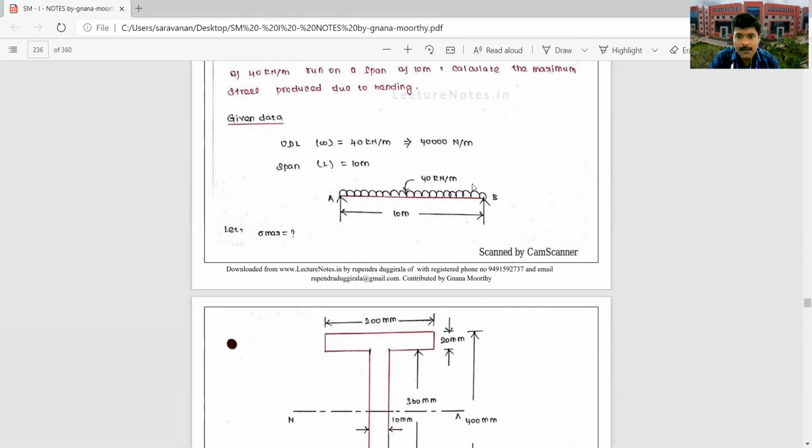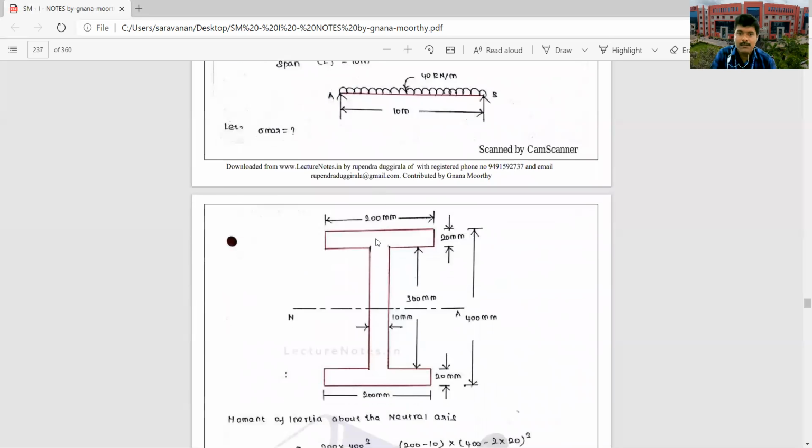Here you can see the beam, this is the point A and this is the point B. The length between A and B is 10 meter, and it is subjected throughout the 10 meter length to a UDL of 40 kilonewton per meter. They are asking you to find the maximum stress sigma max produced due to the bending of the load. Because of the bending, there will be a stress developed. That maximum stress sigma max we have to find out for this beam.